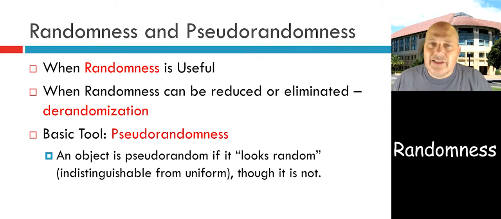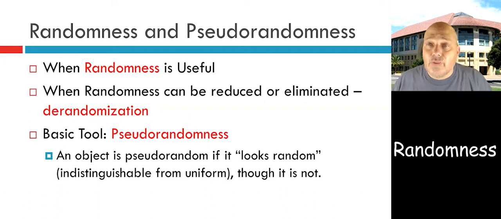I'm going to discuss mostly examples where randomness is useful, but a very important topic is derandomization. So these are examples where we may naturally use randomness, but this randomness can be reduced or eliminated altogether. So this is where randomness is less useful. And the basic tool for derandomization is this notion of pseudorandomness.